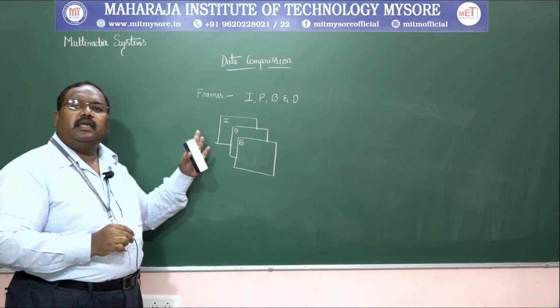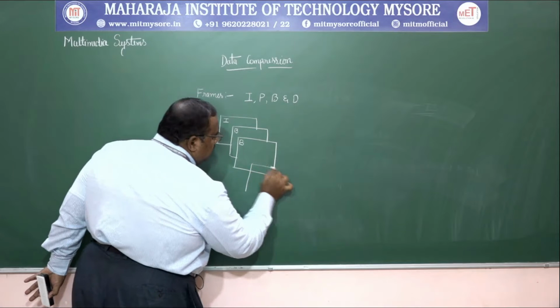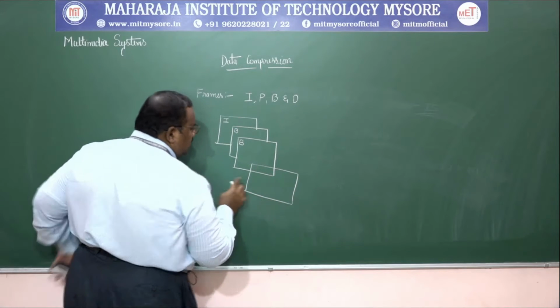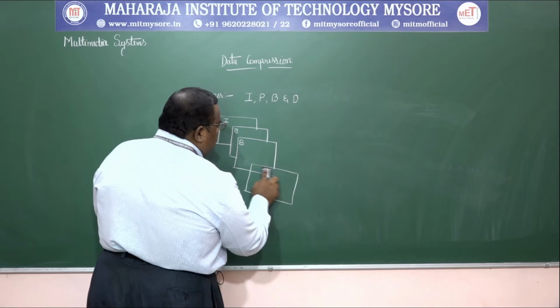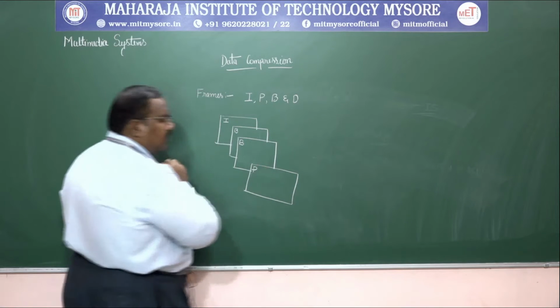So I, B and B. Now what happens? I'll write a P frame.